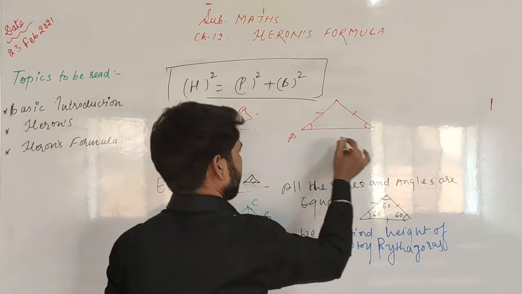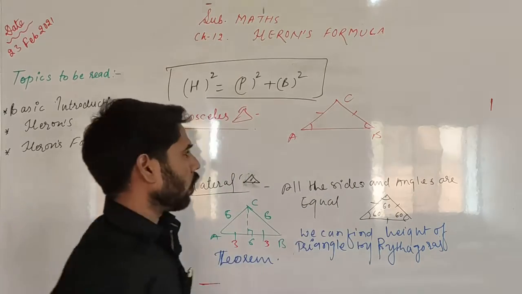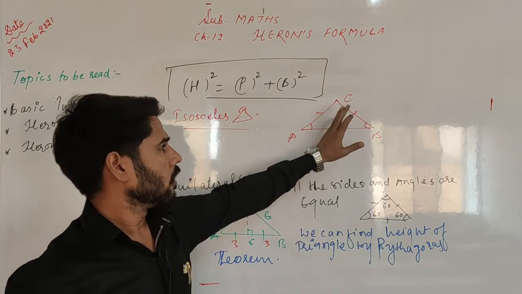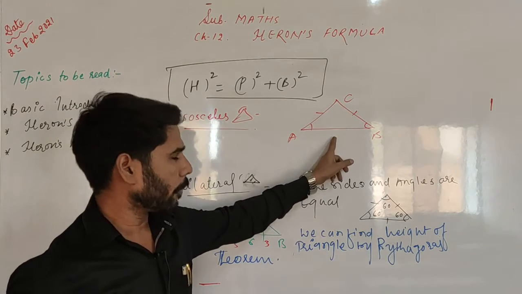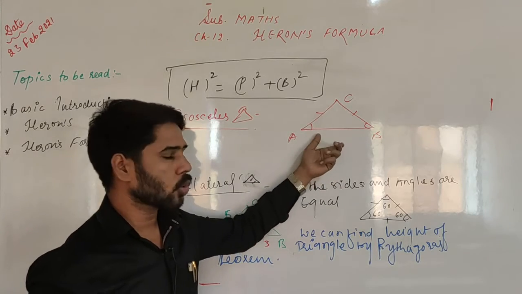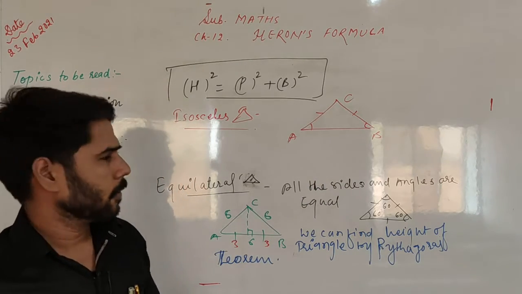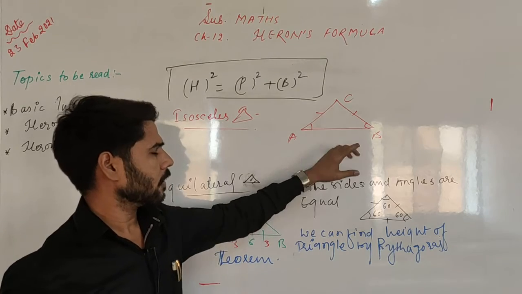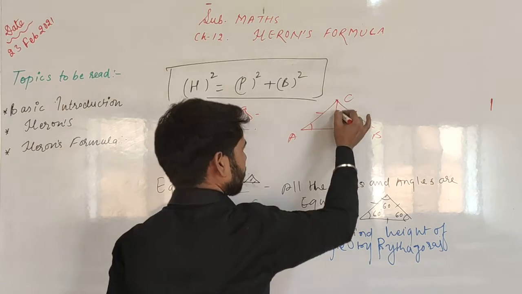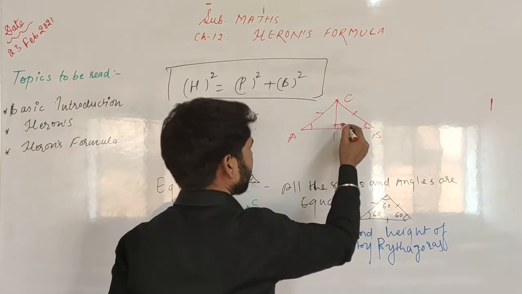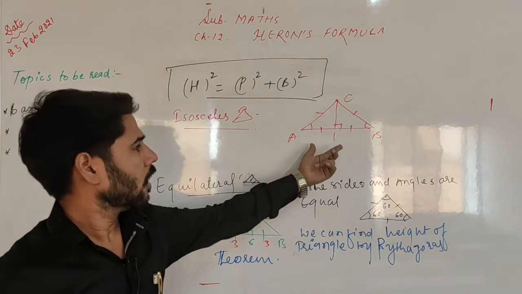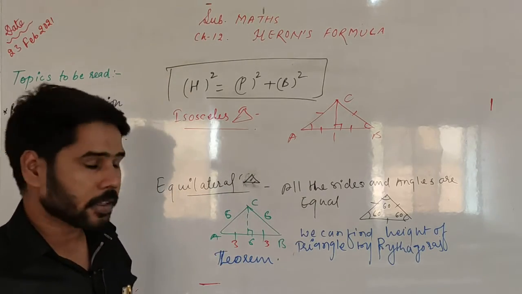Let's take the name A, B, C. If we draw an altitude or a line to the opposite side, it automatically divides the opposite side into two equal parts, and we already said that it is a perpendicular bisector. So here we also find the height of this triangle by using the Pythagoras theorem.